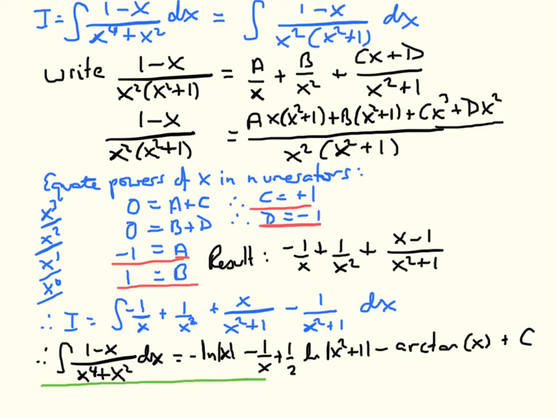You can, if you wish, as I did on the second slide, combine these two logarithm terms together. But I will stop this here for this one. So the key structures that we did here were to realize that we could factorize our integrand rather simply. We also realized that x squared is itself not an irreducible quadratic because it factorizes into x times x. And then we can write this as a over x plus b over x squared plus cx plus d over x squared plus 1.